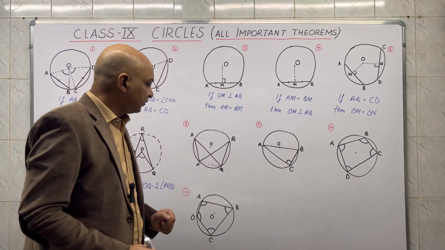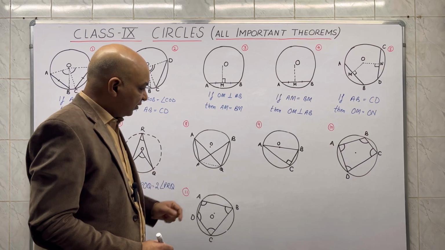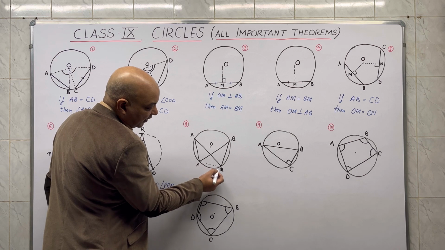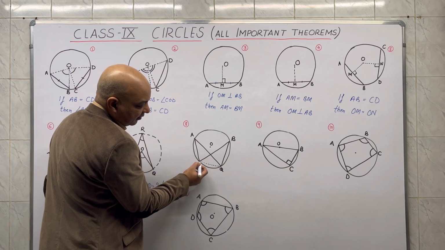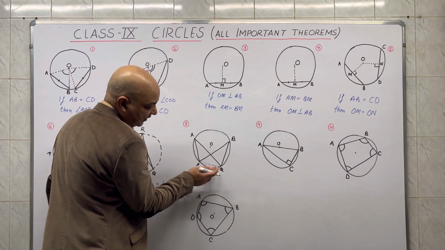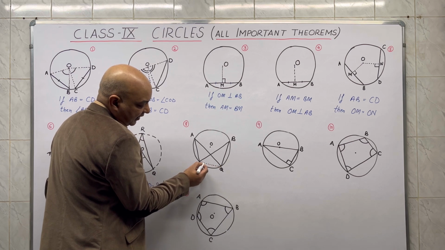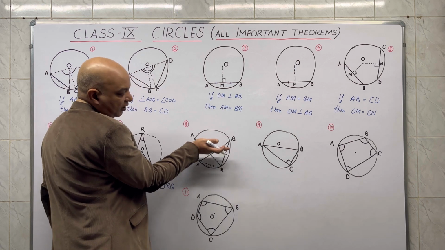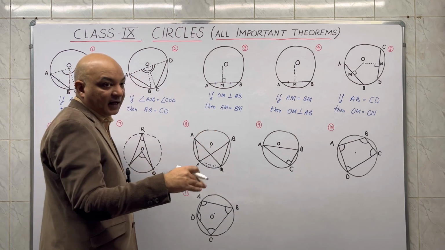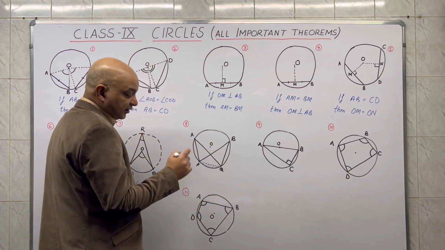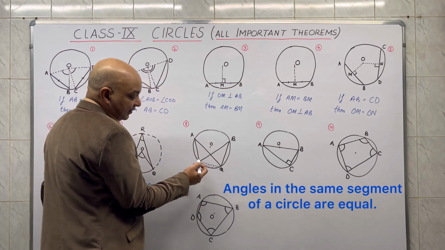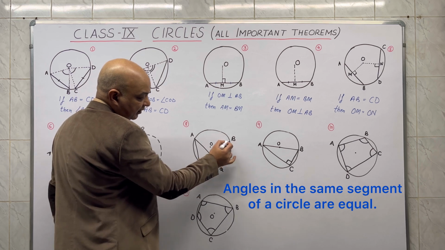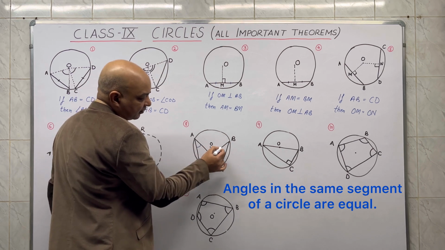Theorem number 8. Now this theorem is about segments. As you can see, PQ here is an arc, and if you join PQ then it becomes a chord, and this becomes one of the segments, and बाकी जो unshaded circle है, this becomes another segment. So this theorem says that angles subtended in the same segment of a circle are equal.